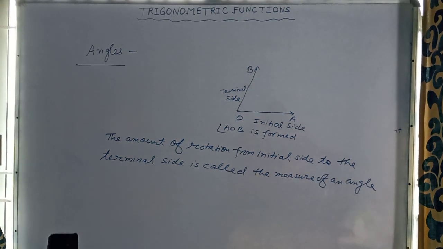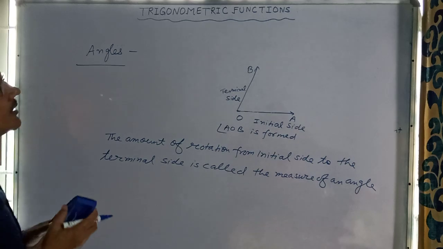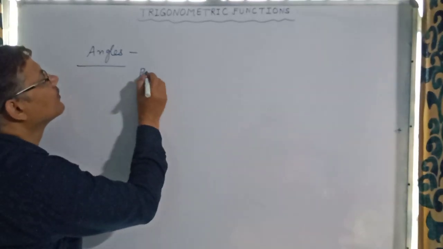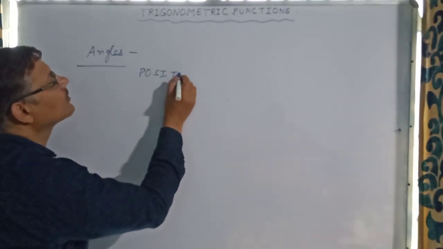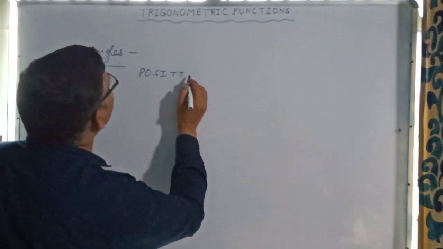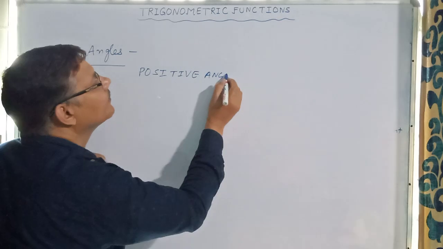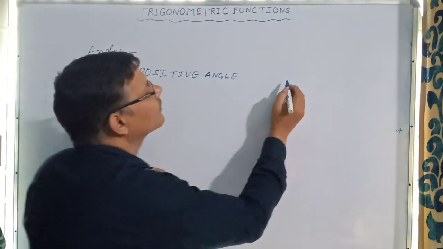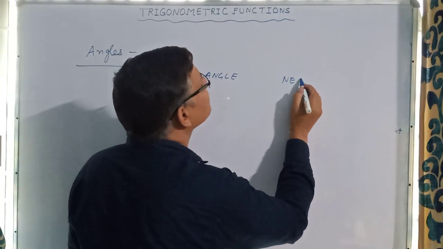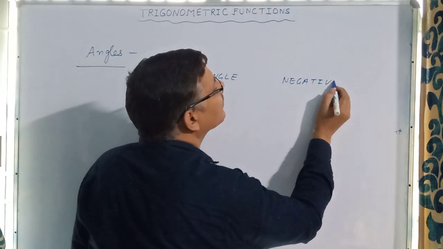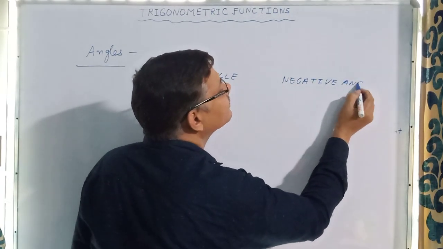So how many angles are there in trigonometry? Positive and negative angles. One is the positive angle and the other is the negative angle.